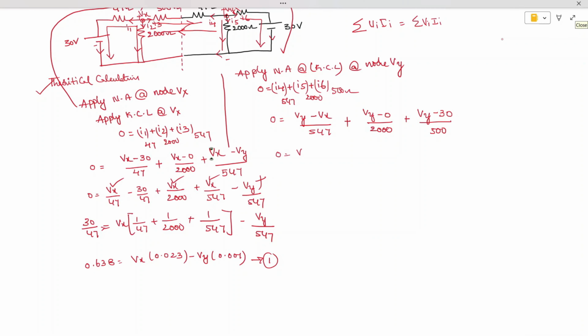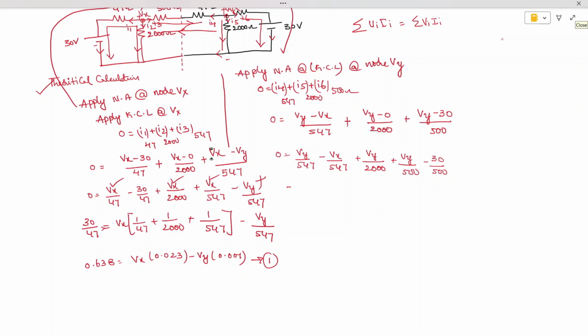So 0 is equal to Vy divided by 547 minus Vx divided by 547 plus Vy divided by 2000 plus Vy divided by 500 minus 30 divided by 500. Okay, so here you can bring the constant, x terms and y terms.